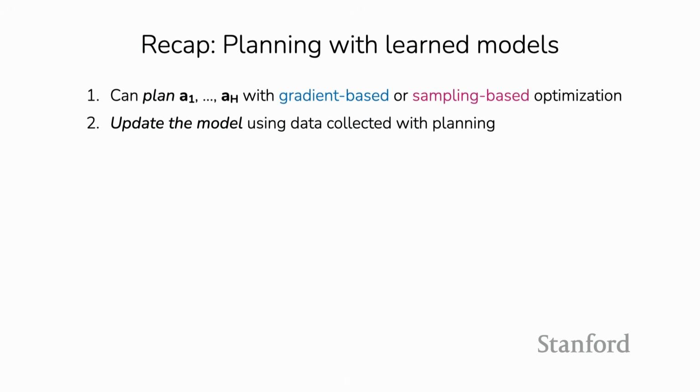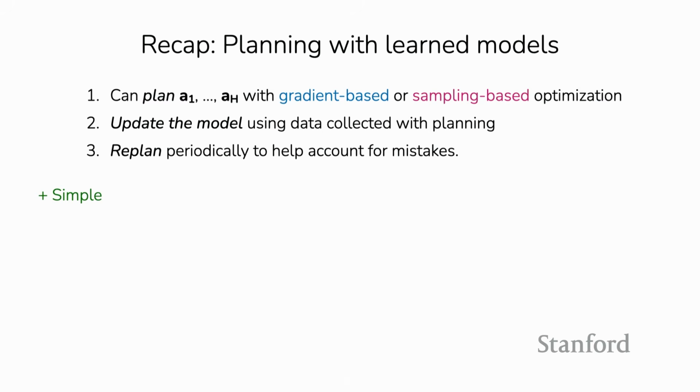Then we also talked about how it's important to update the model using the data collected, because then you'll be able to learn a better model in the realms where you want to use it. And periodically, you can replan to account for mistakes and errors in the model, and also react to changes in the environment.